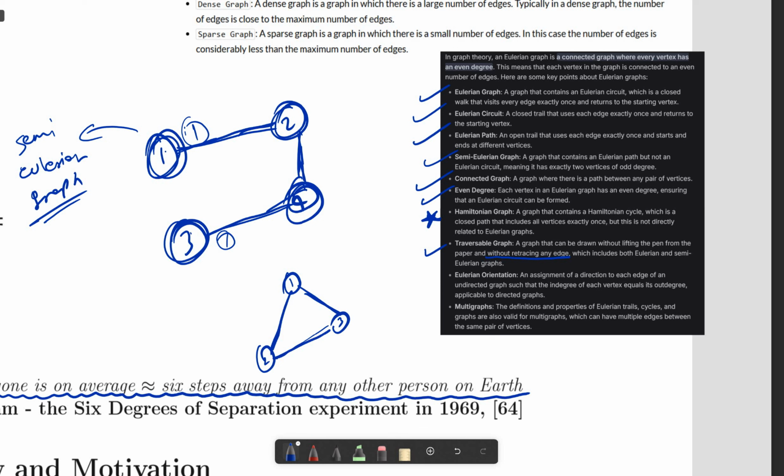Eulerian orientation is an assignment of a direction to each edge of an undirected graph such that the in-degree of each vertex is equal to its out-degree. Okay, so consider we have been given this graph. Now we have to choose directions such that in-degree becomes equal to out-degree.